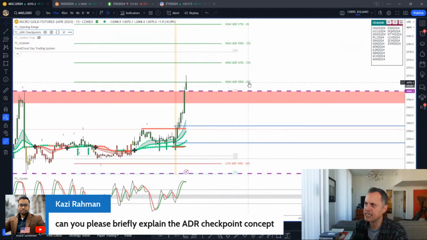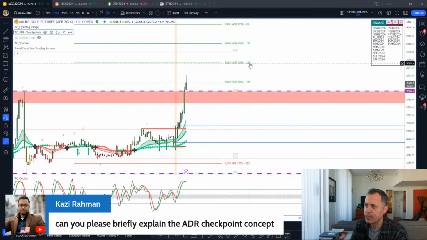This number right here, this 42%, this was really cool. This now tells us you have a 42% chance that price goes to 125% of its average daily range.